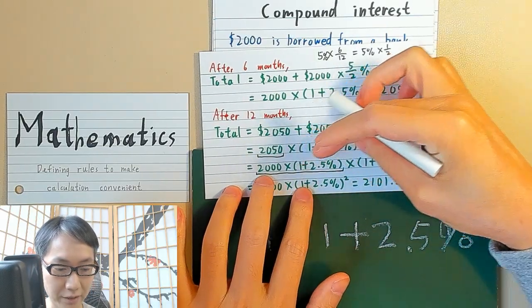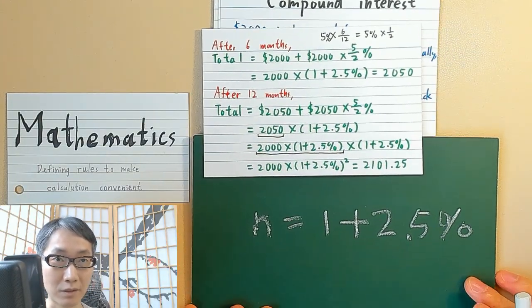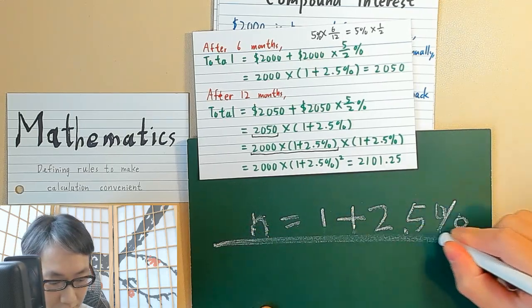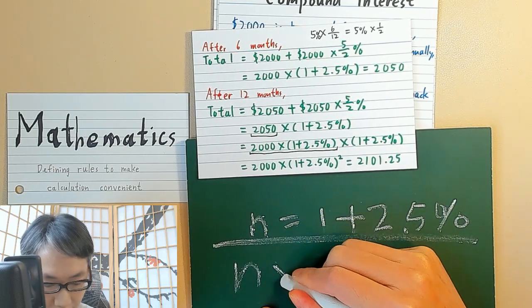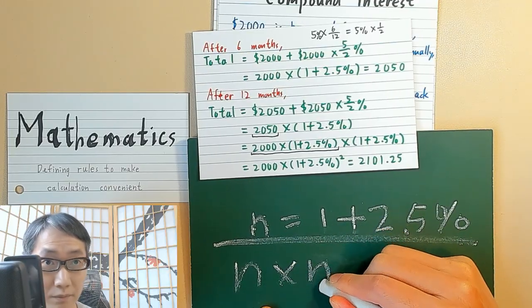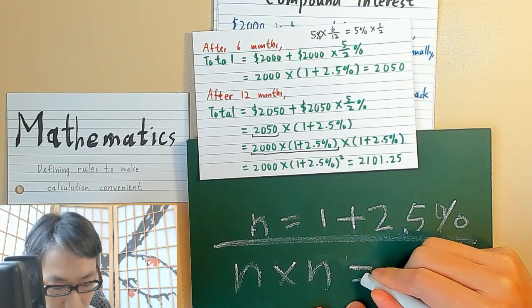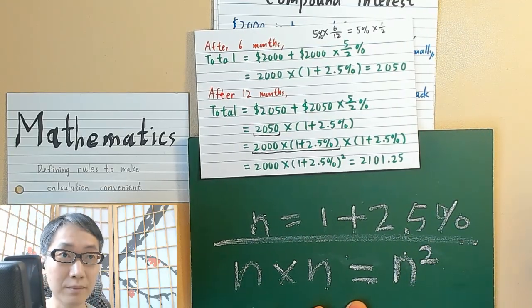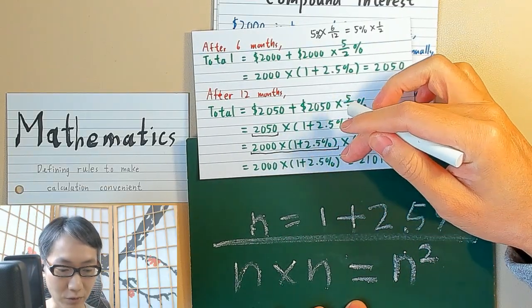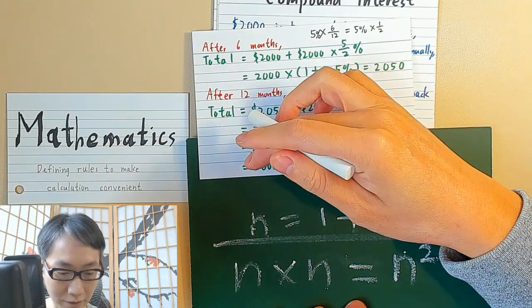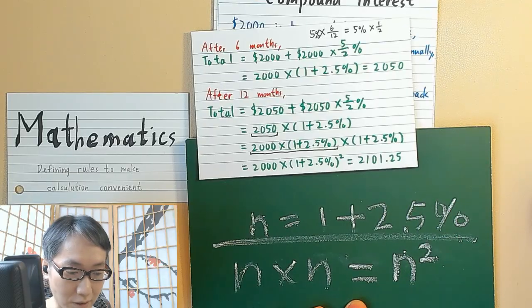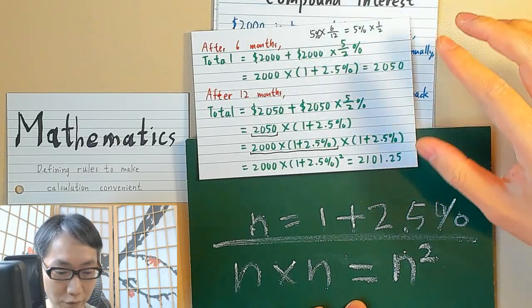So this will be n times n, and n times n is equal to n squared. Then after calculation, we can use the calculator, and we get this total amount owed after 12 months.